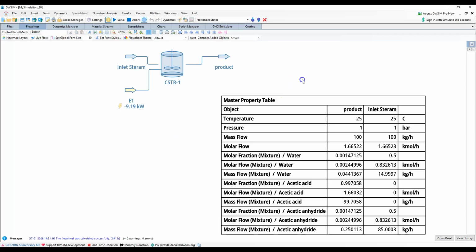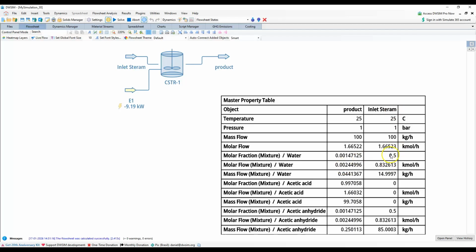Okay, so here the temperature is 25 degrees centigrade, mass flow is 100, and the product and inlet streams are both 100. The molar flow rate is 1.66, for both the inlet and the product.